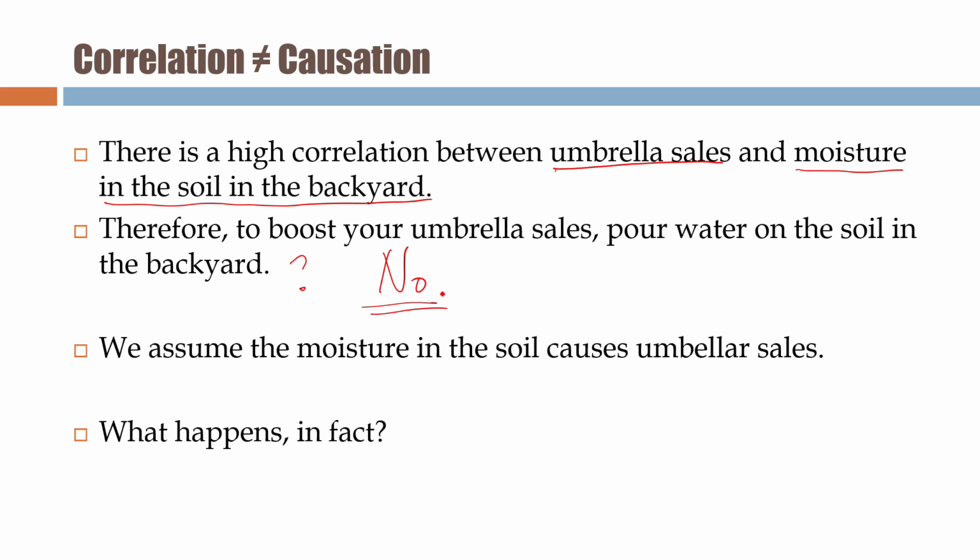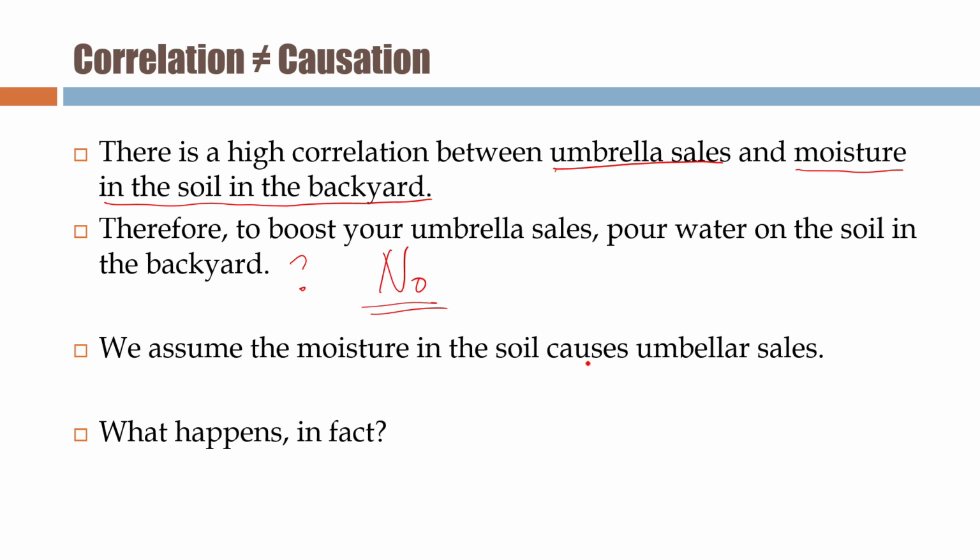This example is obviously not right, but when we have a lot of complicated situations, we cannot tell whether it's wrong or not. So we assumed the moisture in the soil caused the umbrella sales, but obviously it didn't. What actually happened is that when there's rain, on a rainy day, umbrella sales go up, and since there's rain, moisture in the soil in the backyard also goes up.